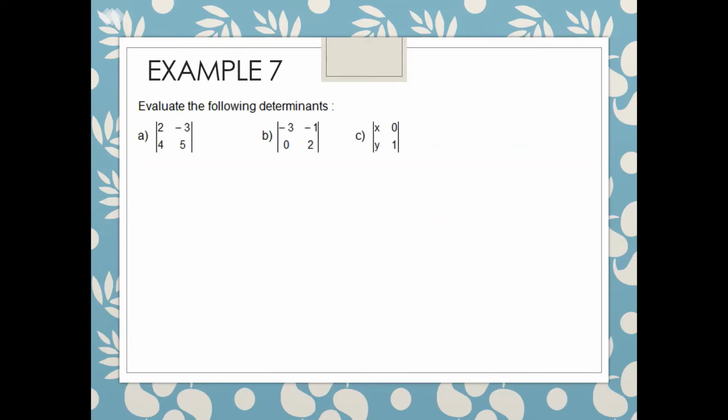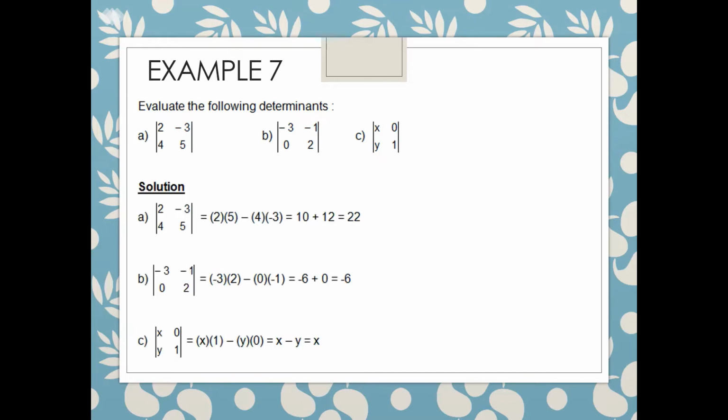Let's do example 7. Given square matrices of order 2, find the determinant of each matrix. For the first square matrix, the determinant is equal to 2 times 5 minus 4 times -3, which is equal to 22.